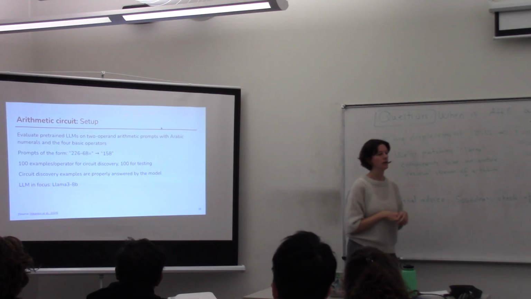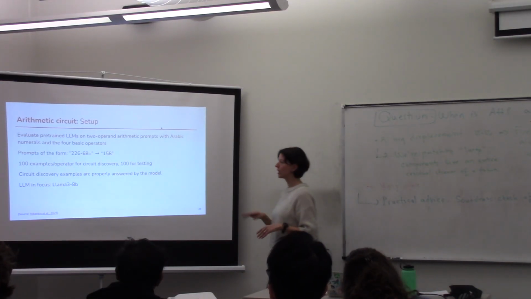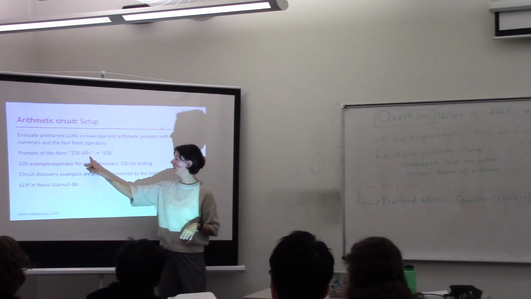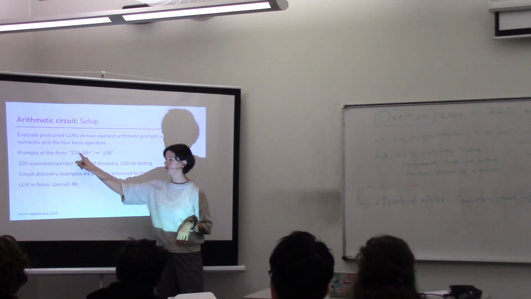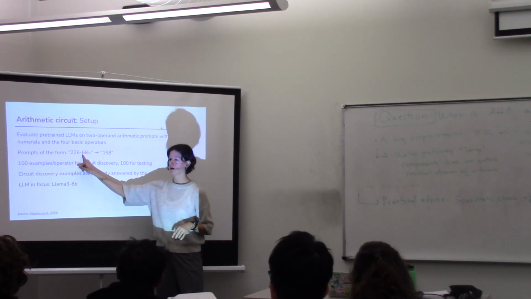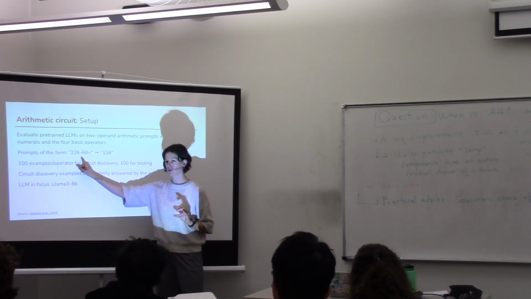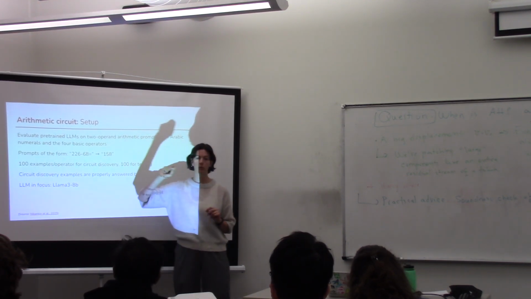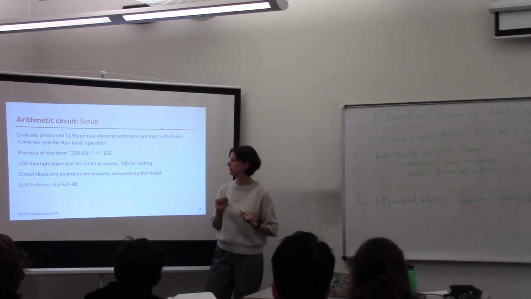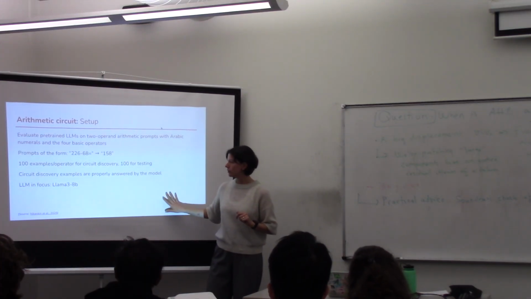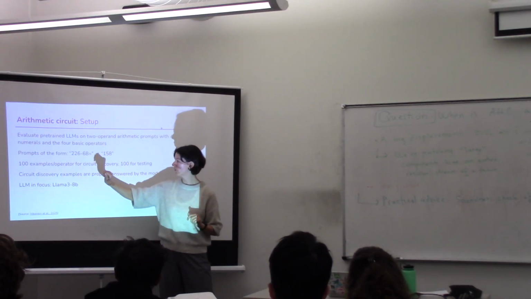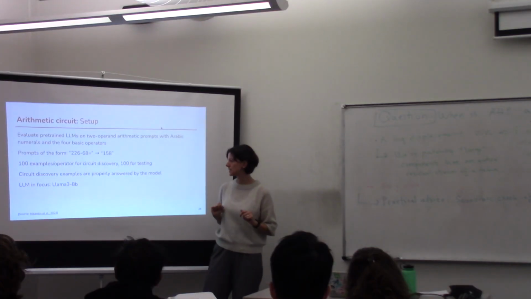They use LLMs that are going to produce four tokens from each one of these prompts: one token for the first operand, one token for the operation, one token for the second operand, and one token for the equal sign. They're going to take 100 examples for circuit discovery and 100 for testing.